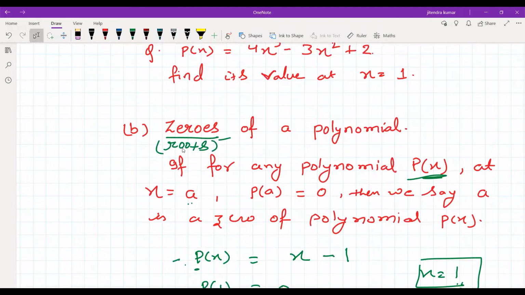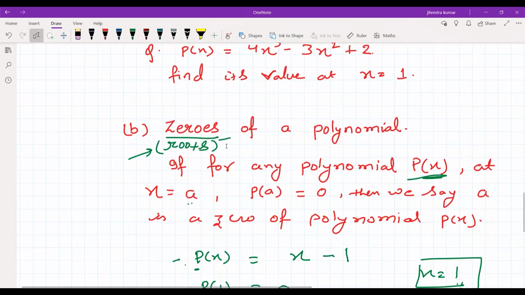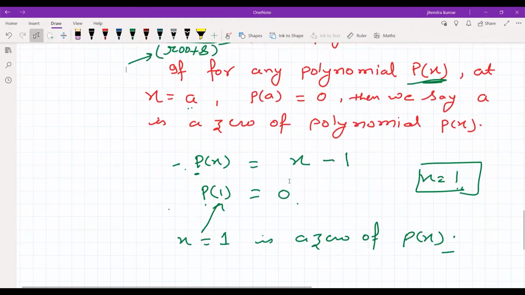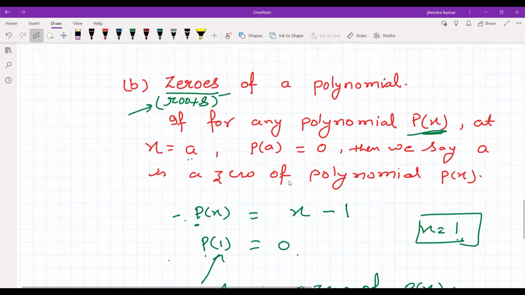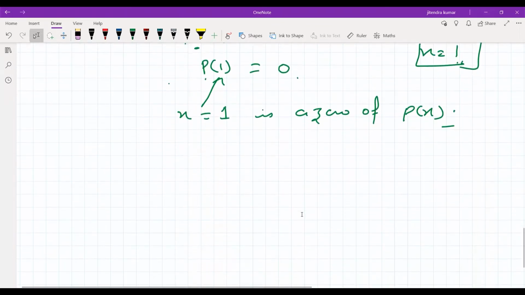Somewhere it is referred to as roots. So roots and zeros are basically the same thing, just different names, representing the same thing. In some books it's referred to as roots, and somewhere it's referred to as zeros. Okay, so this is called zeros.